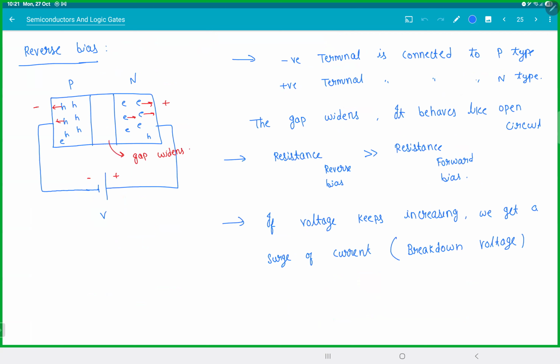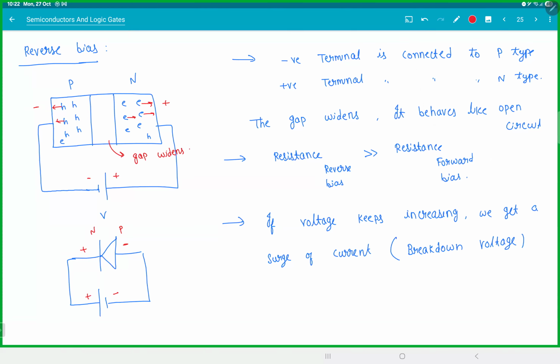What happens if you keep it in reverse bias? Reverse bias is when you keep the p-type and n-type in reverse, meaning you keep the diode and the battery like this. So this is positive, negative, positive, negative. This is p-type, this is n-type.